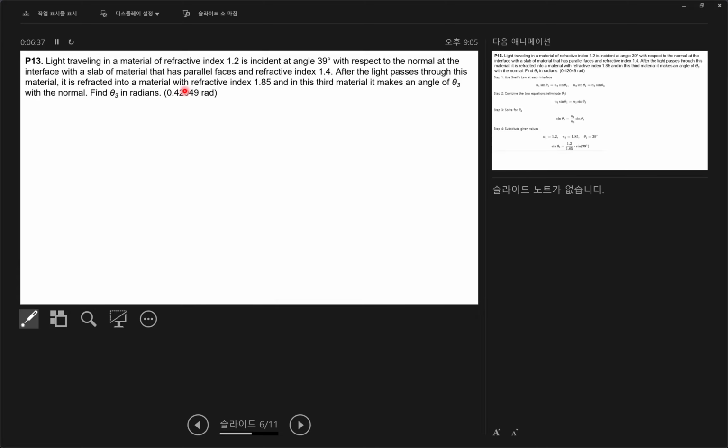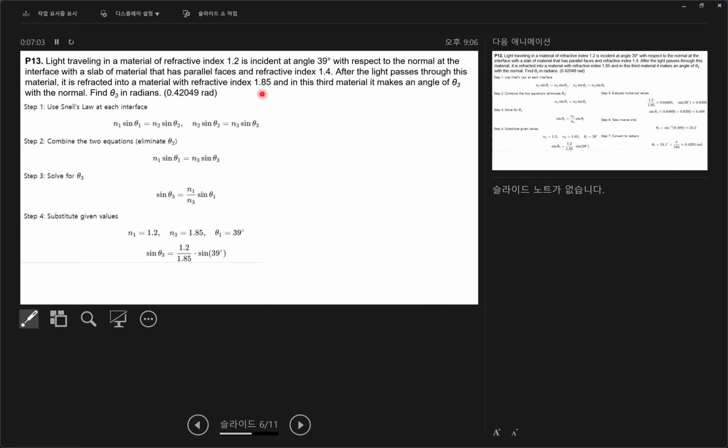find theta 3 in radians, so we have to apply Snell's law twice. First at the interface between material 1 with refractive index 1.2 and the material with 1.4. And then apply Snell's law once again at the interface between n equal 1.4 and n equal 1.85.